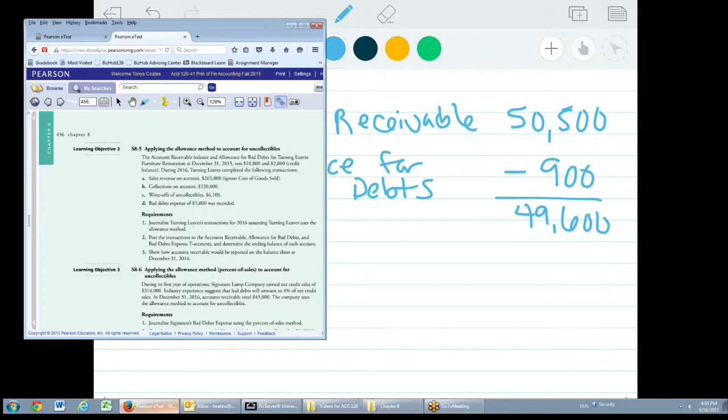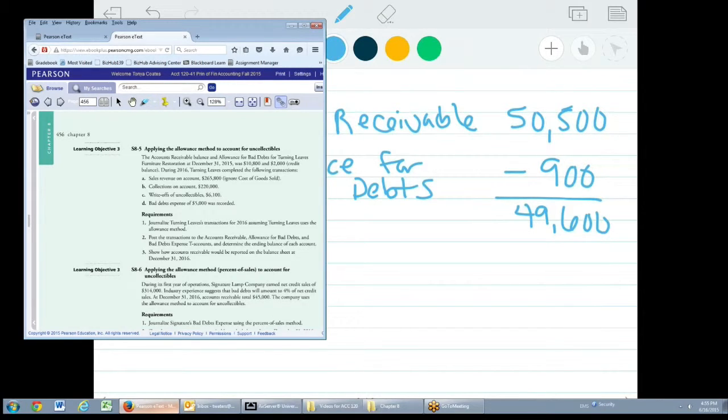And this would be in the current asset section since accounts receivable is a current asset. So you would show the accounts receivable, and then you show the allowance account. The allowance is a contra asset account, meaning it has the opposite balance of accounts receivable.